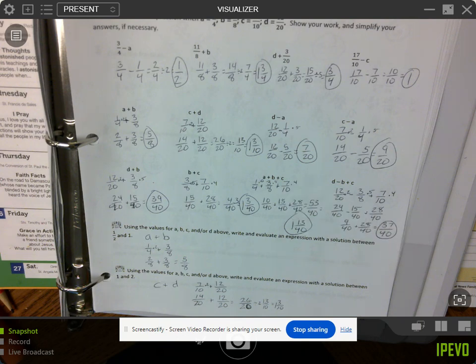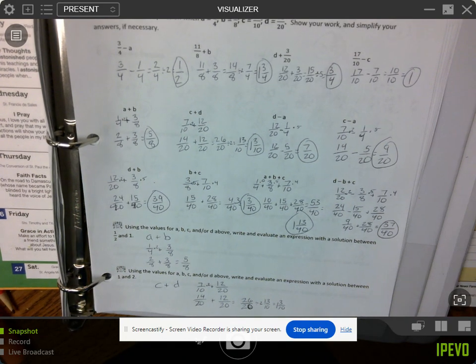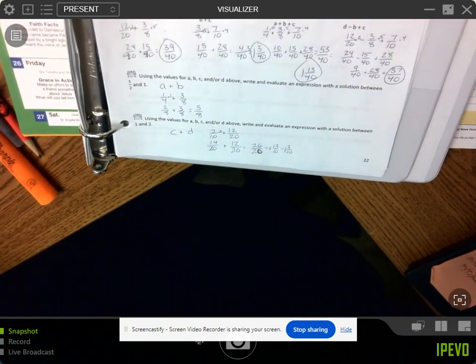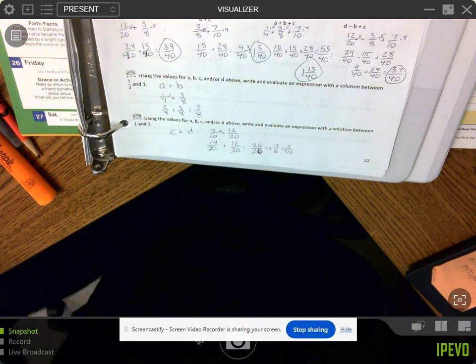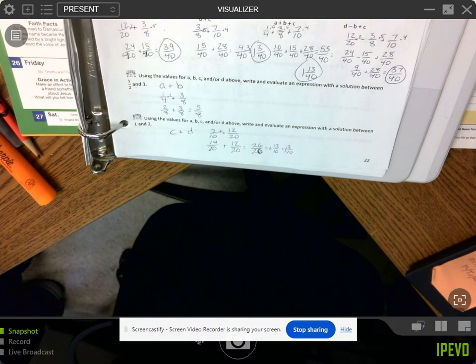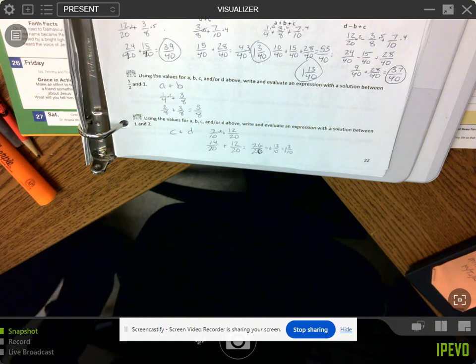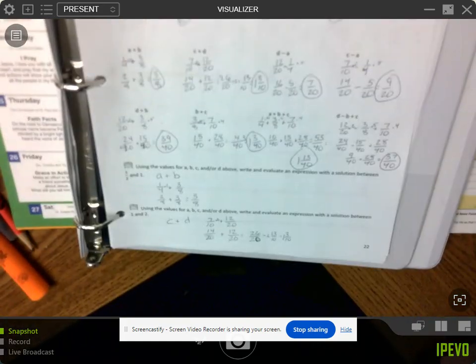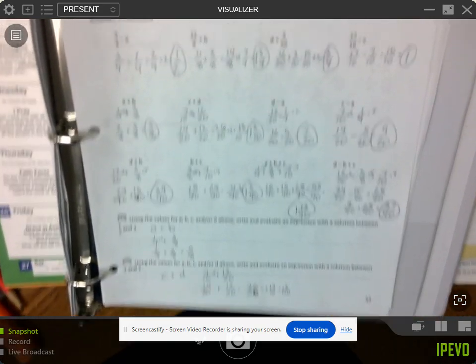All right. And then when I was walking around, I had some people who were struggling with these bottom ones. Some people forgot to do them. Some people were confused as to how to do them. Remember when I said we will have questions like this on the test? We need to understand. So, actually, I'm going to show the work a little bit because this is what I did.